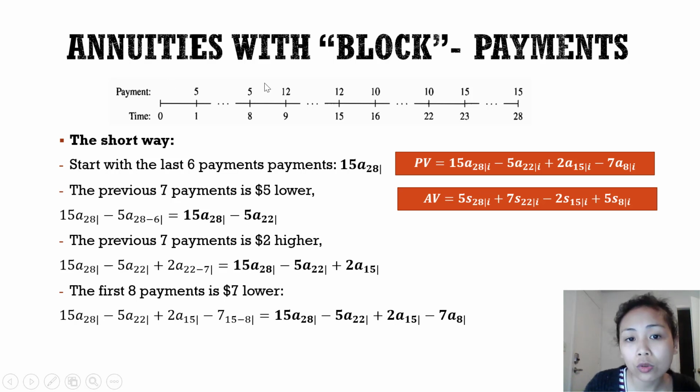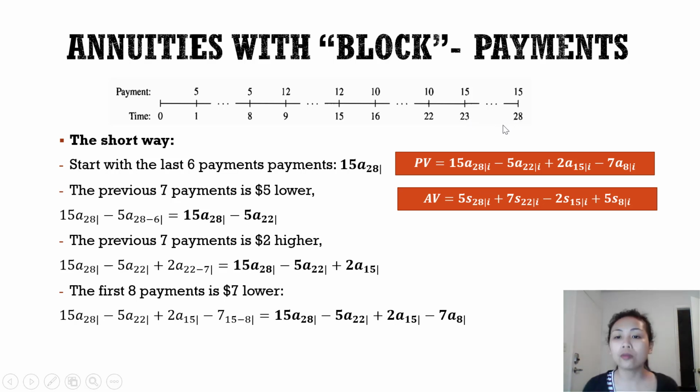Then from 5 to 12 is an increase of 7, so you have to add 7, and it continues with the next 22 payments. Then from 12 to 10 is a decrease of 2, so you have to subtract 2 for the remaining 15 payments. Then from 10 to 15 is an increase of 5, so you have to add 5, and this applies for the remaining 8 payments. You see that?